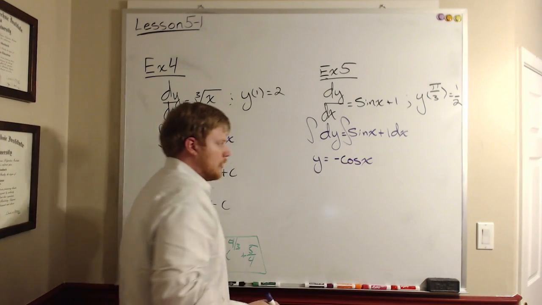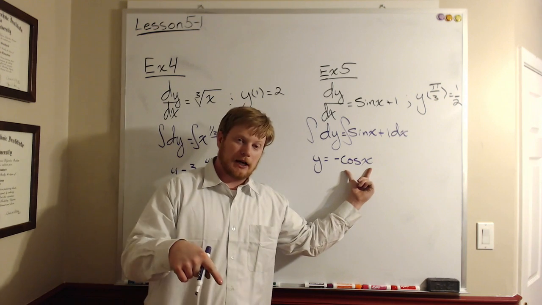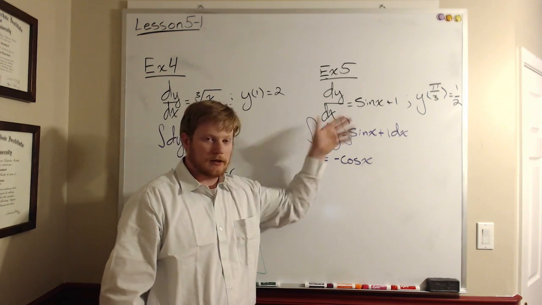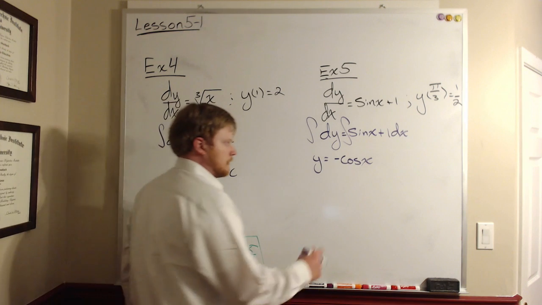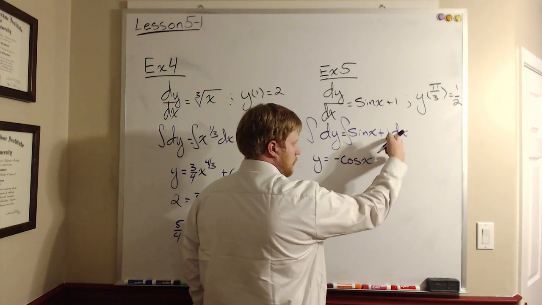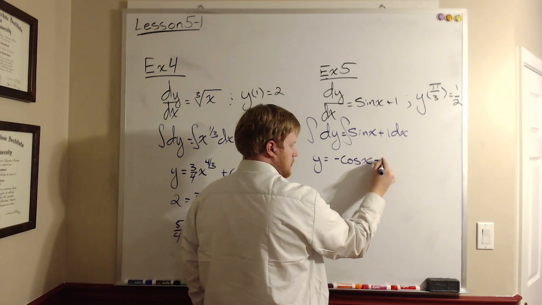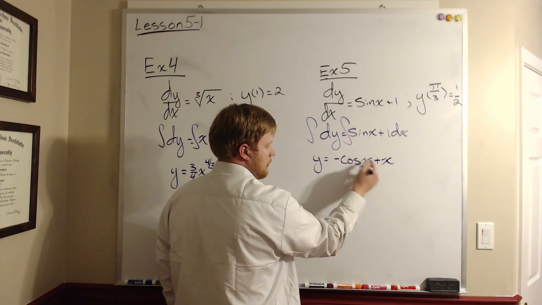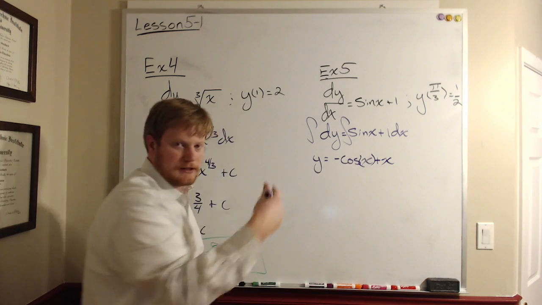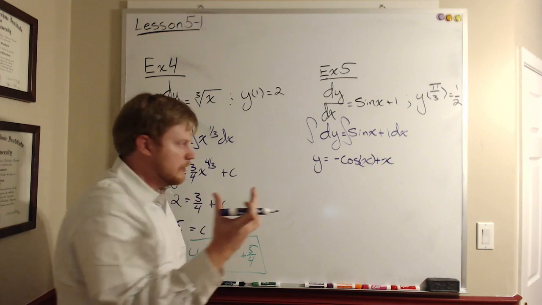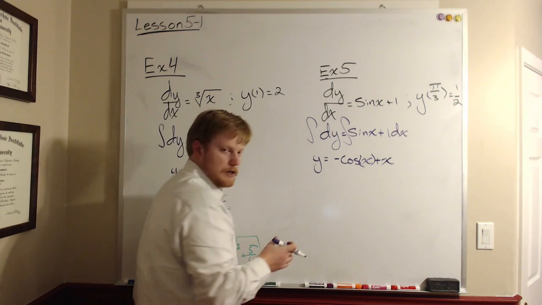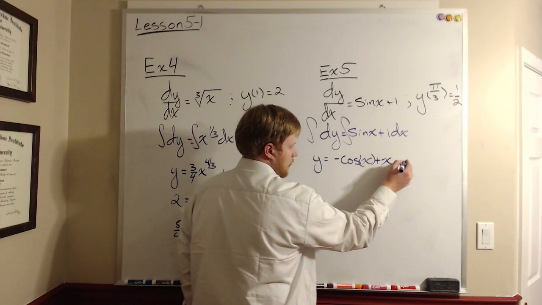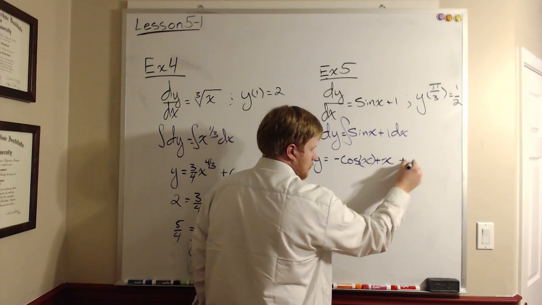Because remember, what's the derivative of cosine? It's negative sine, and the two negatives cancel out and give me a positive sine. Okay? And then the integral of 1 with respect to x is x. All right. Now keep in mind that this x is the only thing that's in the argument of cosine. Okay, not the other x. All right. And then I do get a plus c.